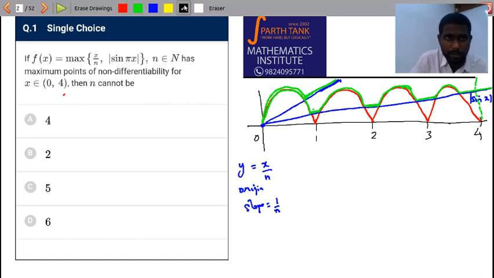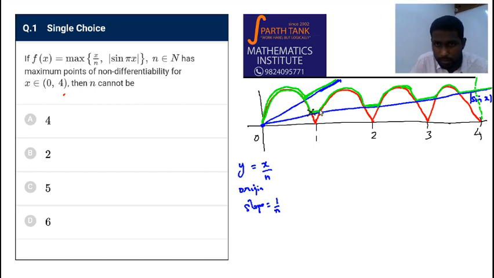Let me mark it in black for clarity. So there is 1 point here, another point here, then 1 point here, 1 point here. All these are non-differentiable points, not discontinuity. They are all continuous at these points but non-differentiable at these points. So you see any line that cuts through all the half sine waves will have 7 non-differentiable points. So maximum is 7 points that are non-differentiable.